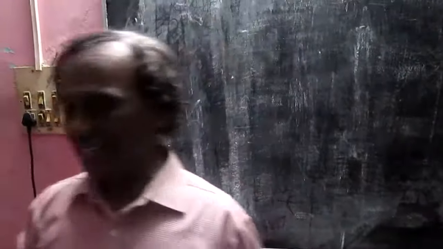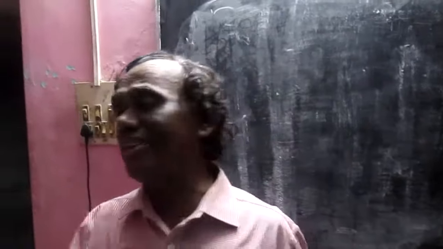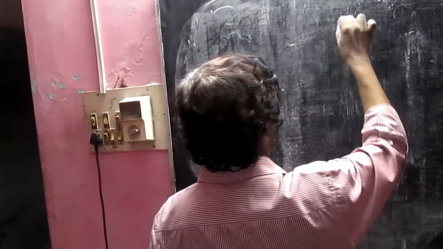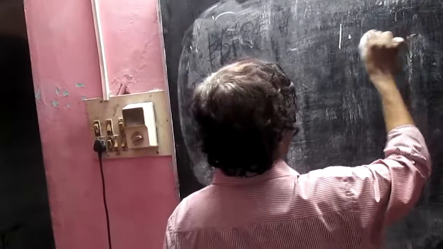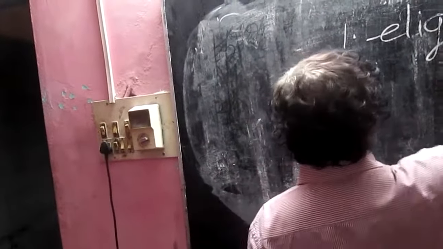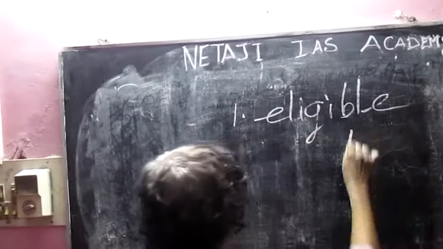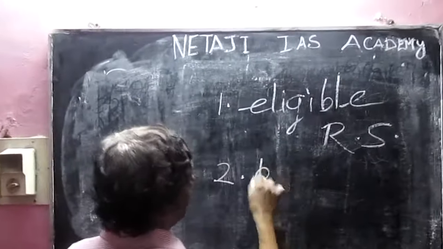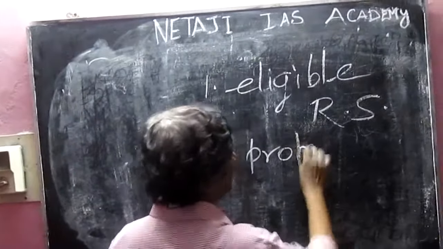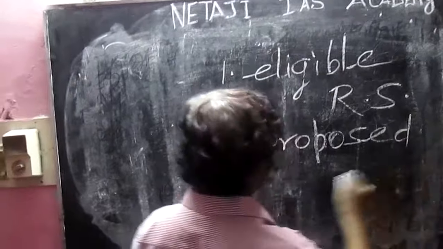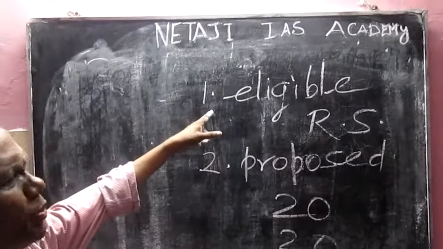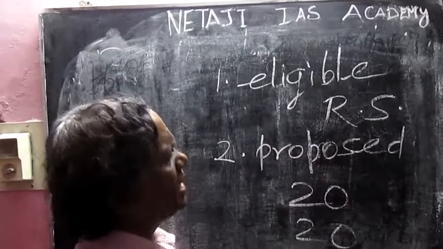Put the next title. Eligibility to contest as VP. Except the following, the same conditions as for president. Number one, he should be eligible to become a member of Rajya Sabha.